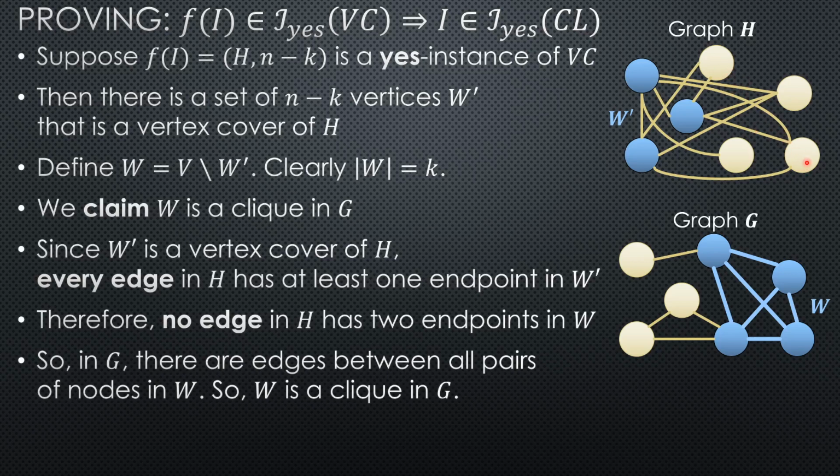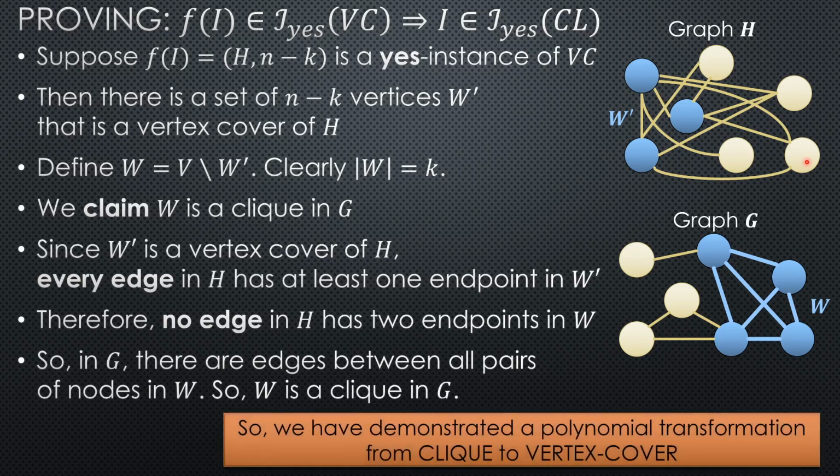So W is a clique in G. So what we've shown here is an existence proof by demonstrating a particular polynomial transformation from clique to vertex cover. We've demonstrated the existence of a polynomial transformation from clique to vertex cover by giving one specific polynomial transformation, proving that it takes polytime, proving that these three desirable properties are all satisfied.